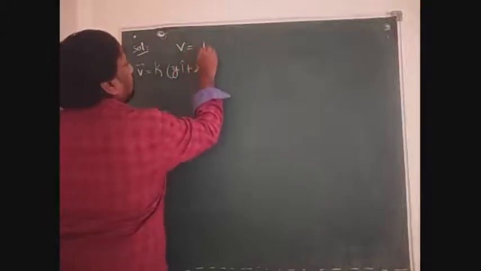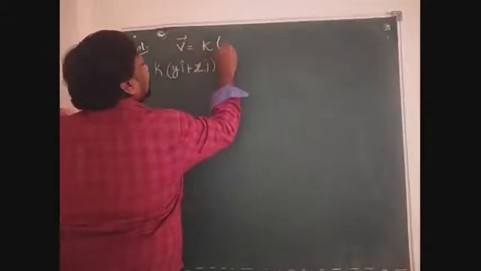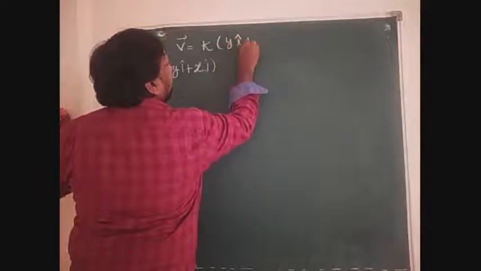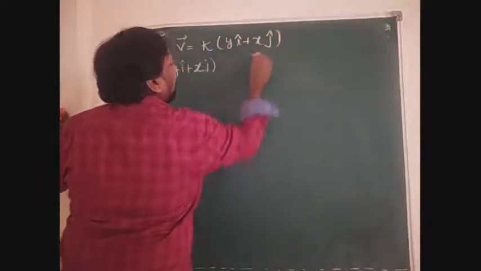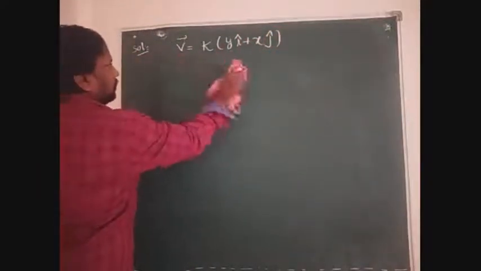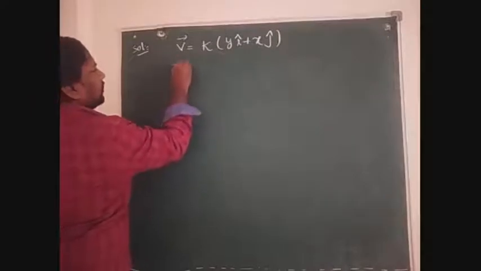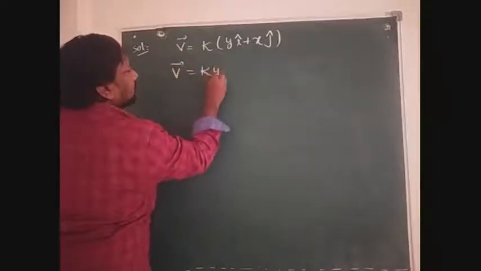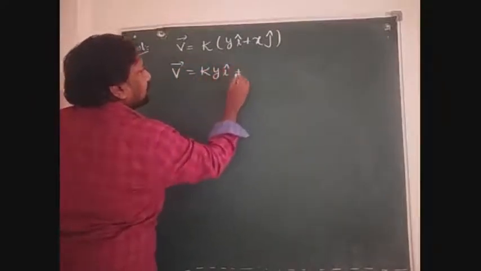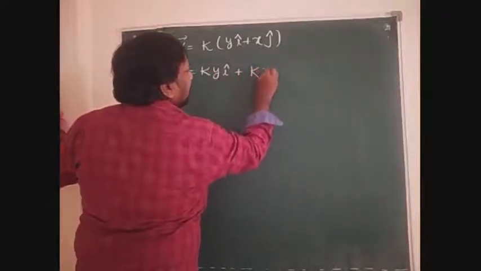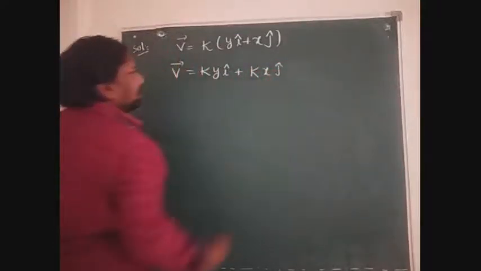Here velocity v bar equal to k y i cap plus k x j cap.